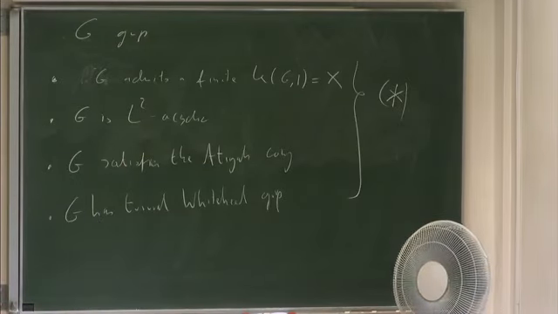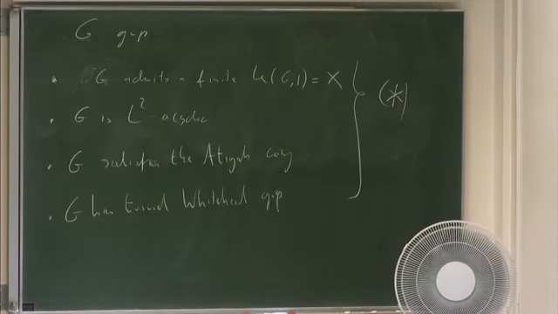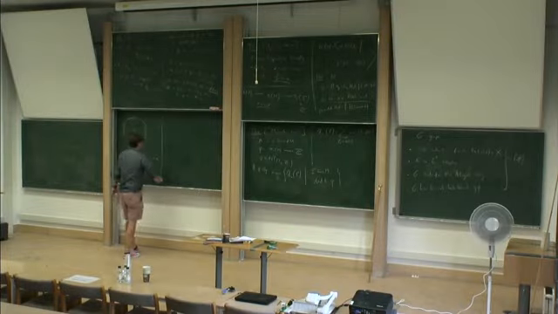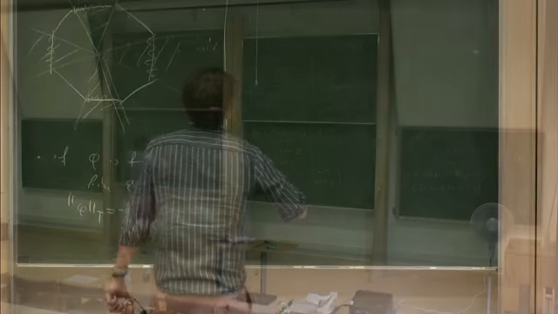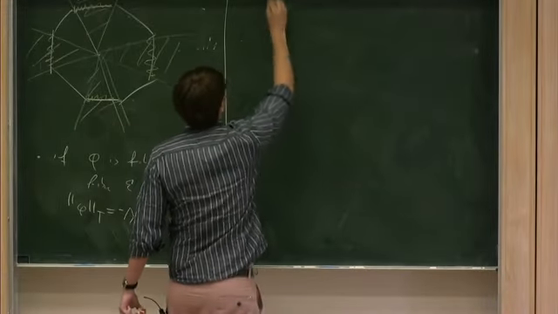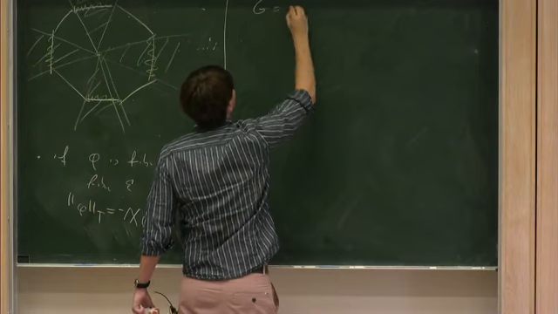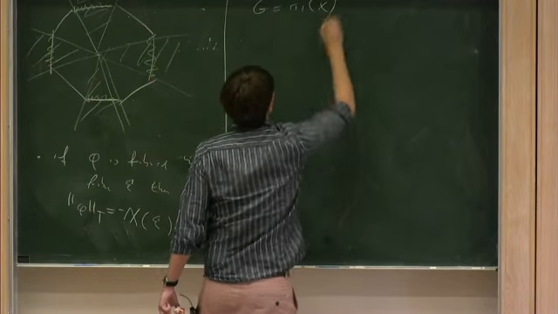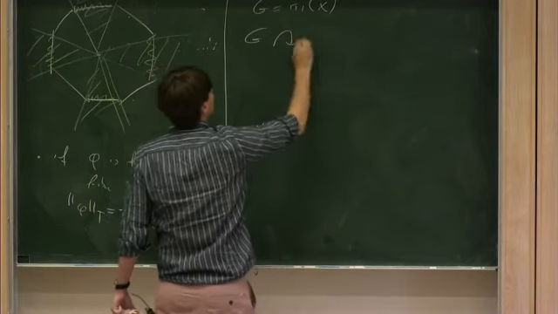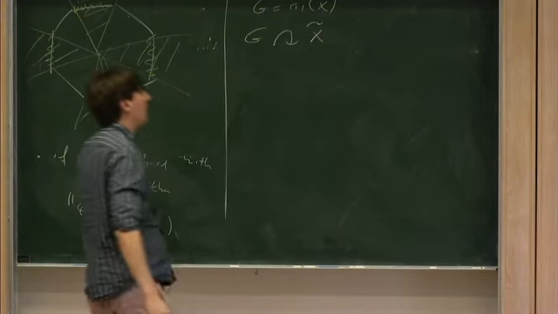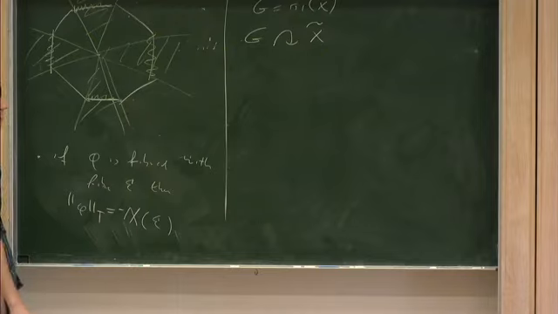I think this is clear. So let's move to the L2-acyclicity. We have our group G, it's the fundamental group of X, but what we really care about in this setup is that it acts on the universal covering, and the quotient is compact, right?